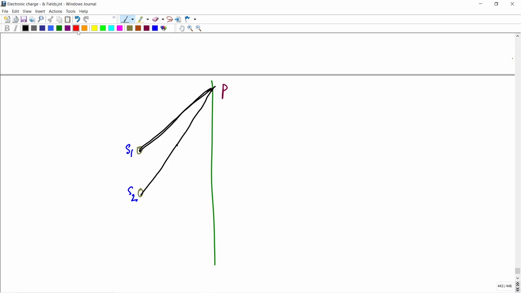The gap between S1 and S2 we call small d.